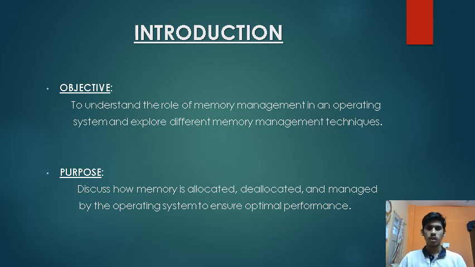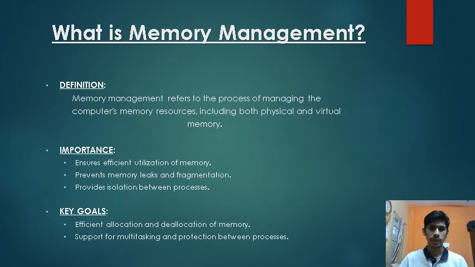To understand the role of memory management in an operating system and explore different memory management techniques. Purpose: discuss how memory is allocated, deallocated, and managed by the operating system to ensure optimal performance. What is memory management?